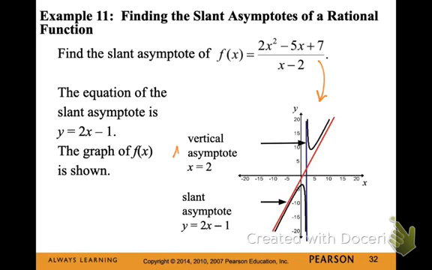So notice my vertical asymptote at x equals 2, and then the slant asymptote is this red line here. This graph does not have any horizontal asymptotes, just the vertical and then the slant asymptote. And then the curves are what are graphed in between these asymptotes.